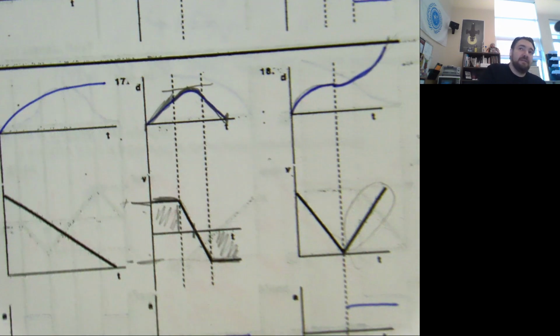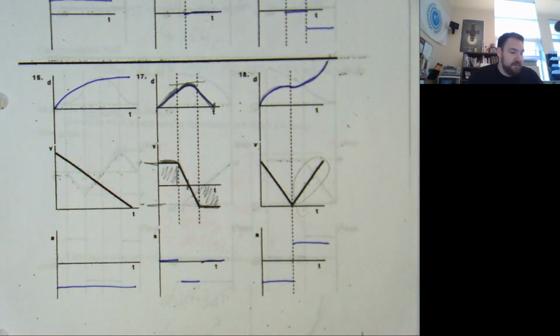And then 16 to 18 look like this. Is there anything in there anyone wants me to do?